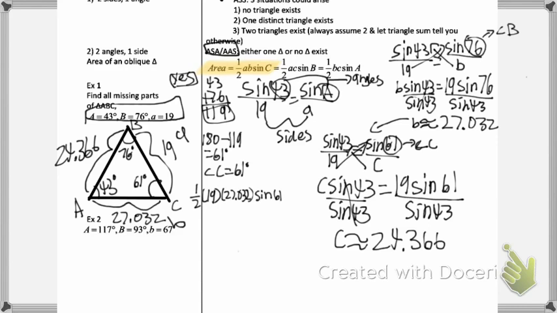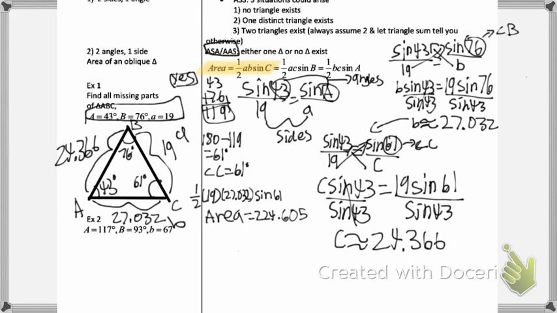So I got the area approximately equals, so I'll write area here, it equals 224.605. You don't need to add a label for this because in law of sines. Now let's do example 2.